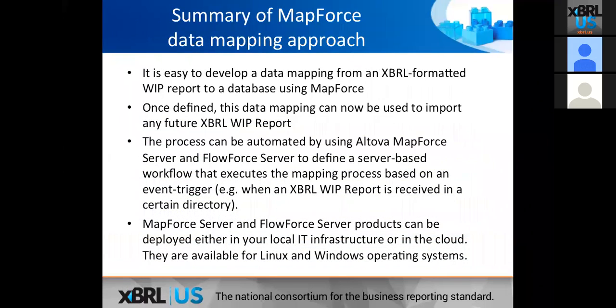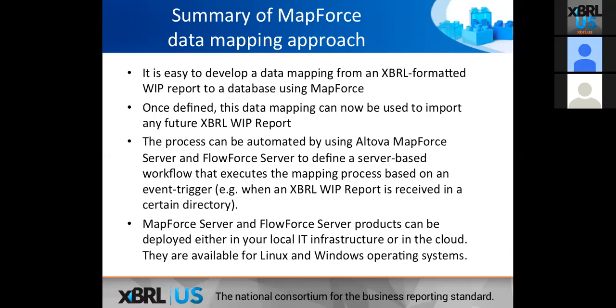To summarize, it's really easy to develop such a mapping from any XBRL formatted report into its target database in MapForce. And once this mapping is defined, you can now import any future XBRL WIP report without any further additional steps. You define the mapping once and you just execute it. The whole process can be automated with a workflow server.